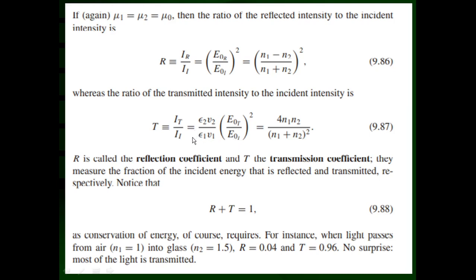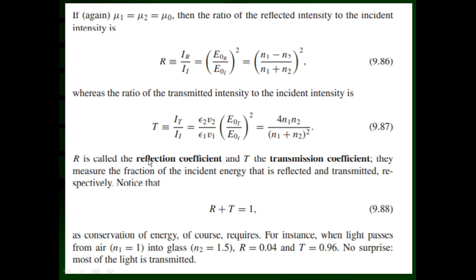The 1 half will be cancelled out in both cases, and we can solve this and find that this ratio of the intensity is the transmission coefficient, capital T, and that is equal to 4 times N1 N2 upon N1 plus N2 whole square.